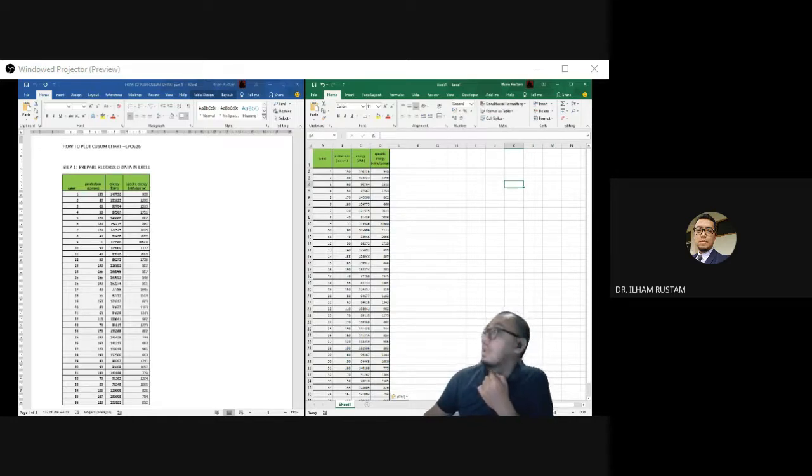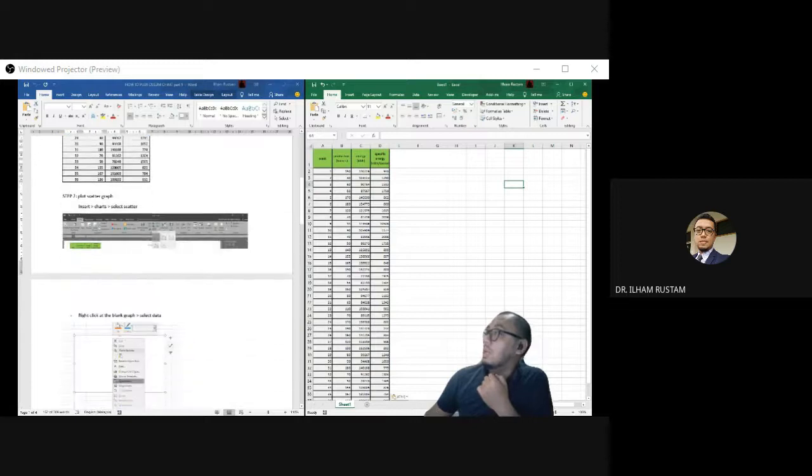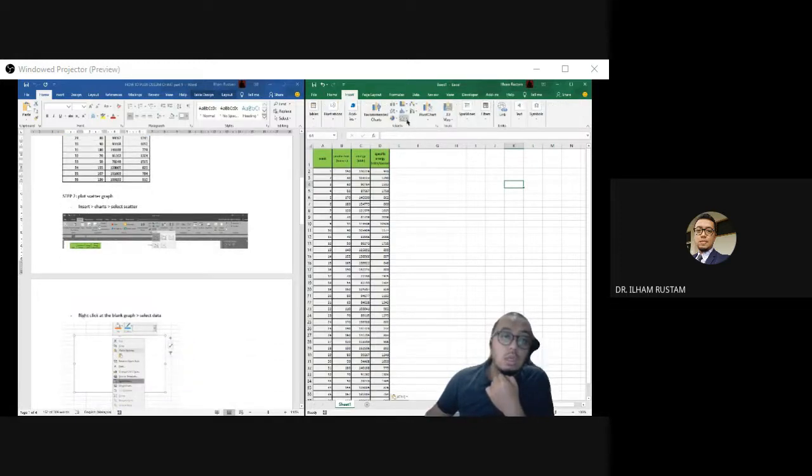Okay, so once you copy the data, now we can start to insert our scatter plot chart. Go to insert, and I'm using Excel 2016. I'm not sure which Excel you have.